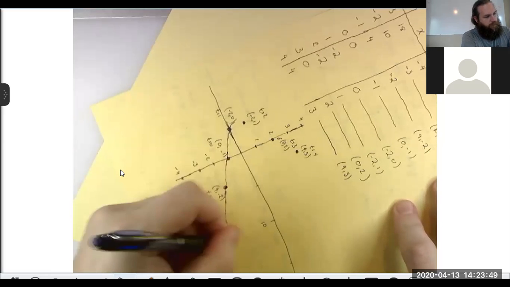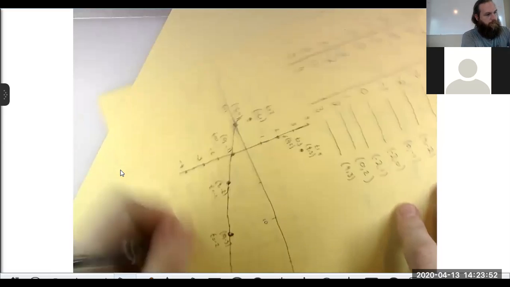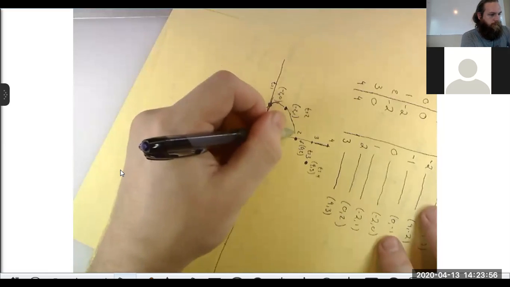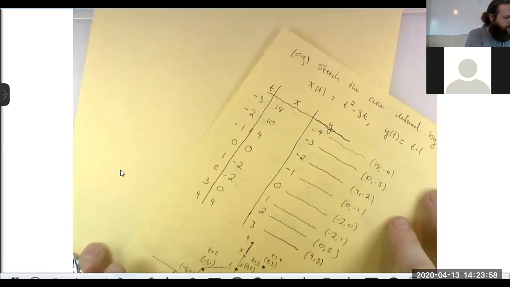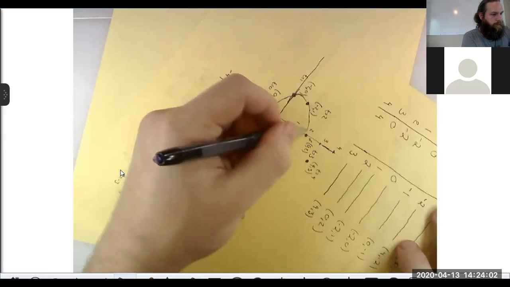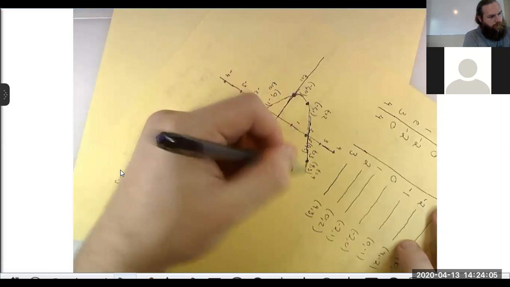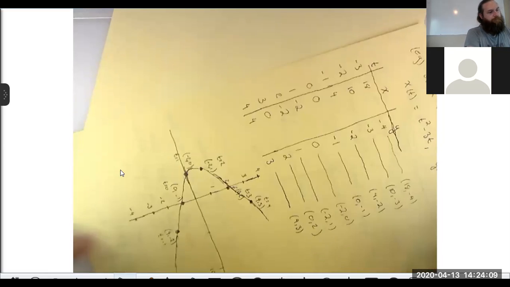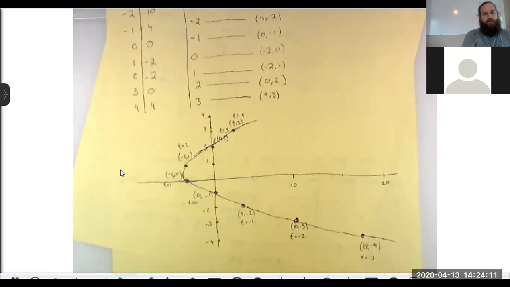Big fat points here. Should be 4, 3. Yeah, it should be symmetric with this. My art is bad and I feel bad. This is a big old parabola. It's just sideways.